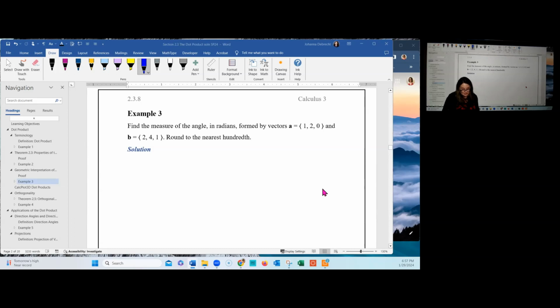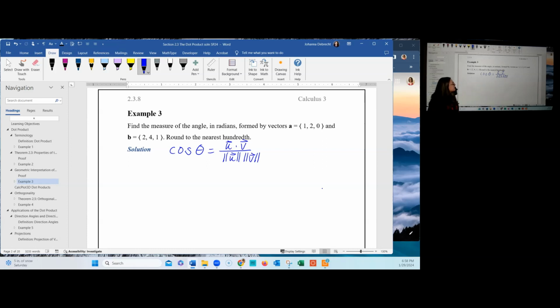Let's now find the angle in radians formed by vectors a and b, and we're going to round to the nearest hundredth. So we have two vectors, a and b, and we want to find the angle in between them. The cosine of the angle theta is u dot v divided by the magnitude of u times the magnitude of v, and then, of course, we would have to take the inverse cosine.